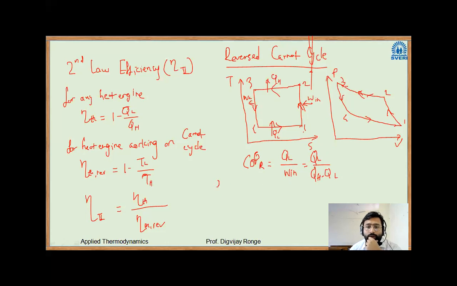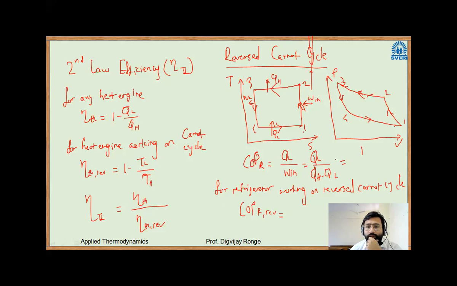Now, for a refrigerator working on the reverse Carnot cycle, the COP is written as COP of R, reversible. So here it can also be simplified as 1.